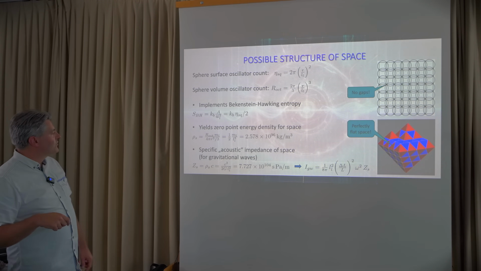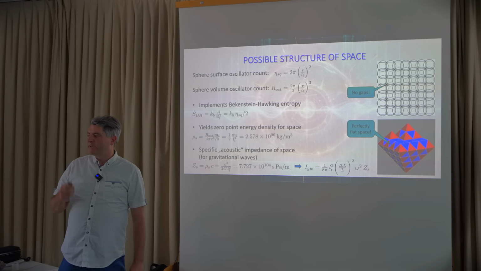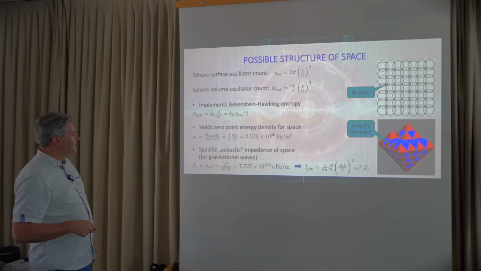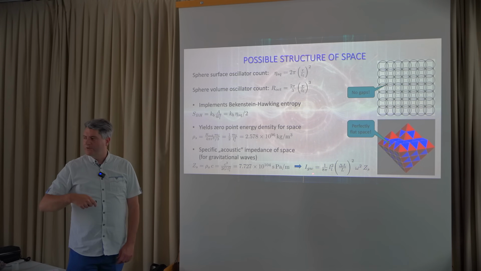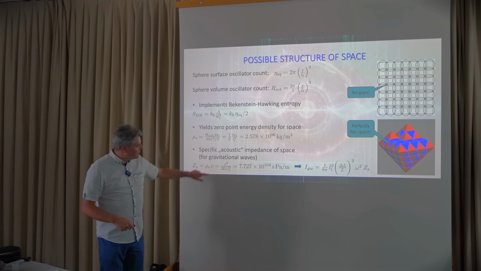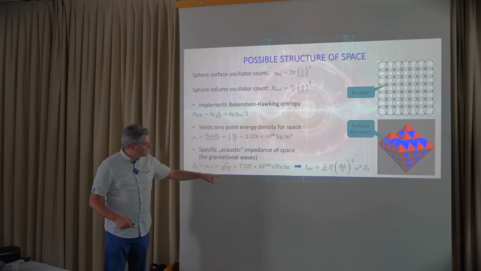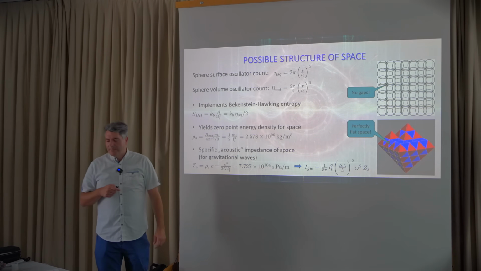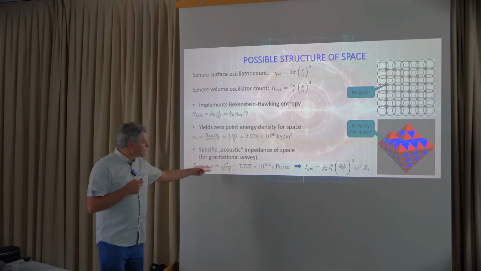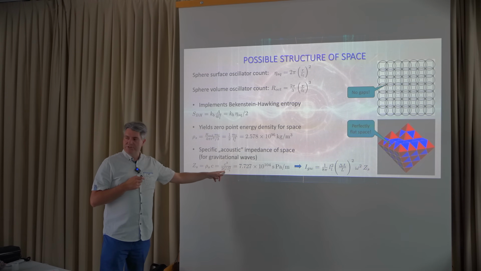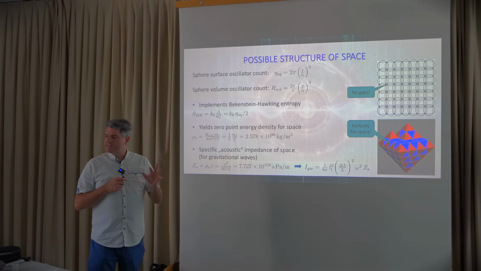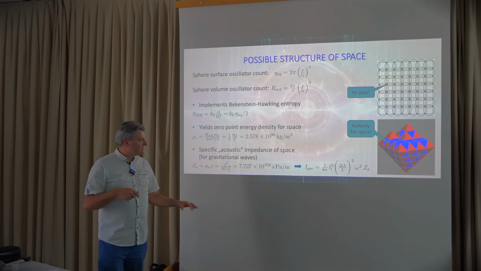You actually get the acoustic impedance of space for gravitational waves, which is a very high value, 10^184. And it's this value here. This is the acoustic impedance of space. Usually in the science of gravitational waves, what is used is c cubed divided by G. So usually in the literature, it's stated in a similar way, but not the exact same way.